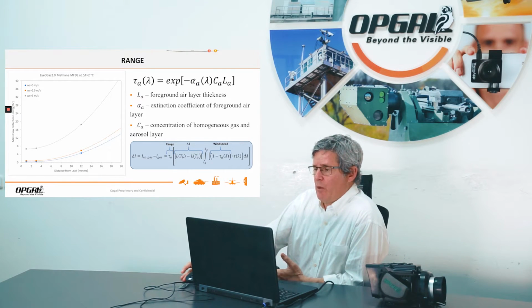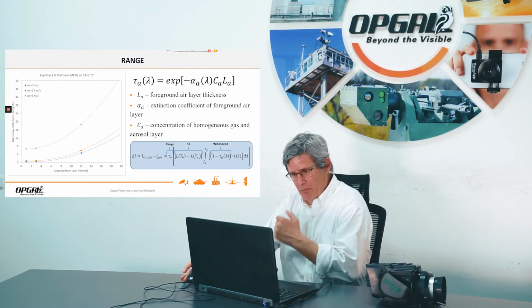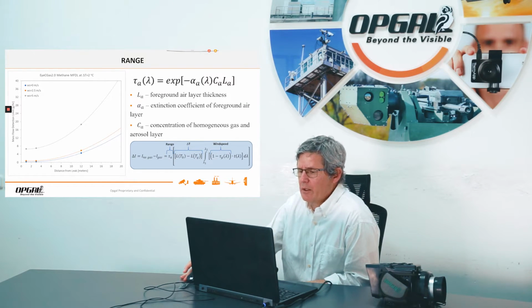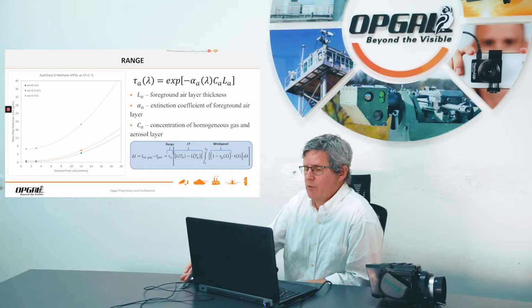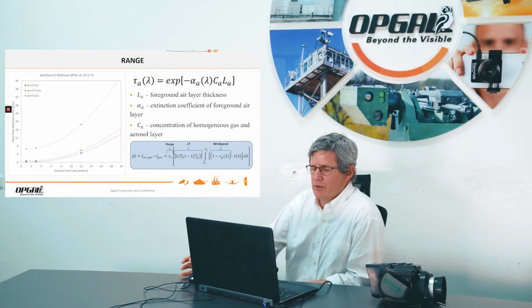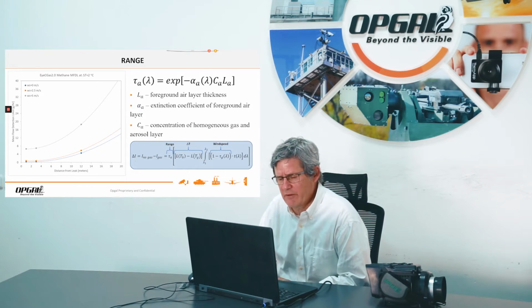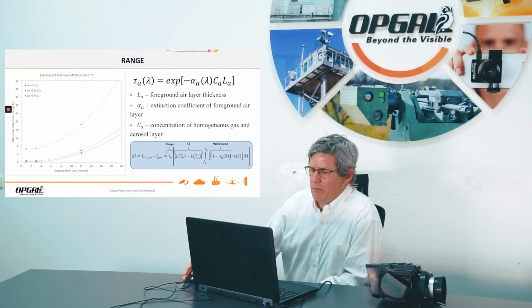So the longer we go, it will reduce the transmission through the foreground air, and it will reduce the contrast. Reducing the contrast means the sensitivity goes down because of range.